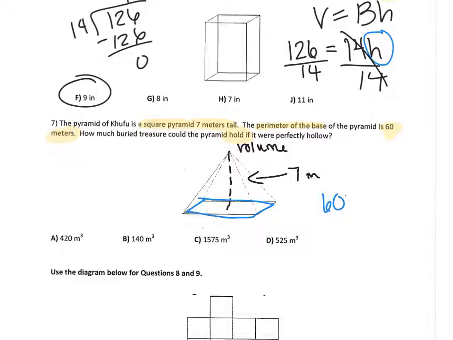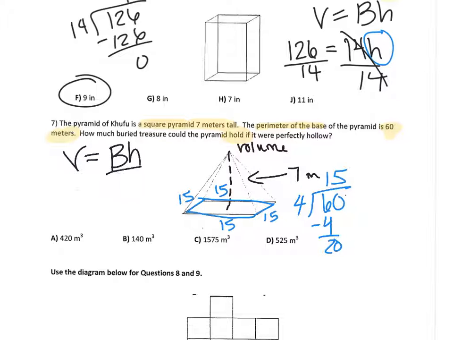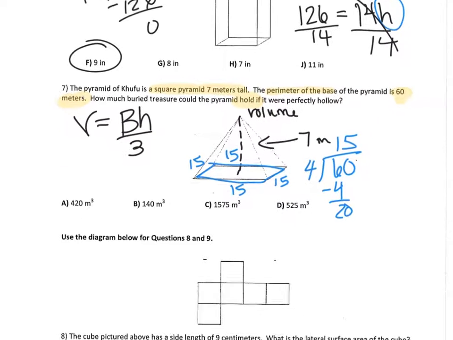So you have to divide 60 by 4. Good. 4, because there's 4 sides on our base. 15. So now if I know each side, which would be 15 times 15, then all I have to do is find my volume.